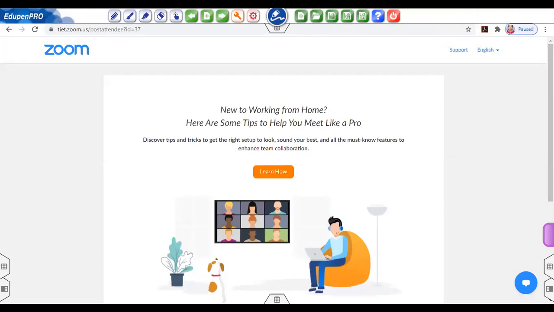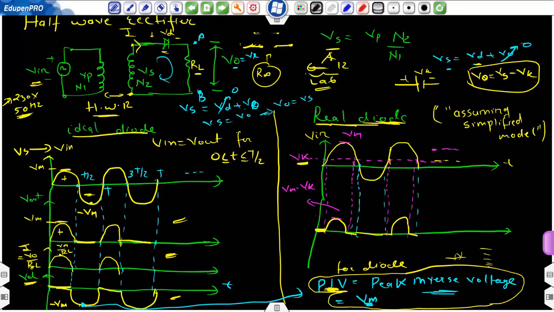Sir, I have a doubt. For the half-wave rectifier, if you draw the graph, it will only show the top portion of the x-axis, right? Yes, correct. Rectifying means we want to convert AC into DC. DC is something like a line, plus 2 volt, plus 3 volt.